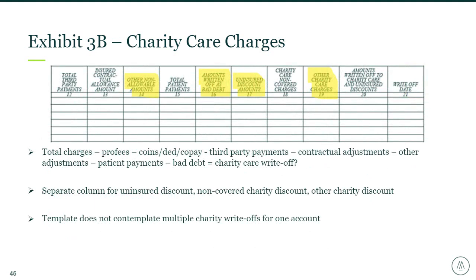And then the second part of the update to the template is you now have a breakout of specific fields that weren't on templates before for these S-10 audits. So now you have these other non-allowable amounts, amounts written off as bad debt, uninsured discount amounts, other charity care charges. As a provider, the question to ask is, okay, do all these fields even apply to you? Do you have an uninsured discount?